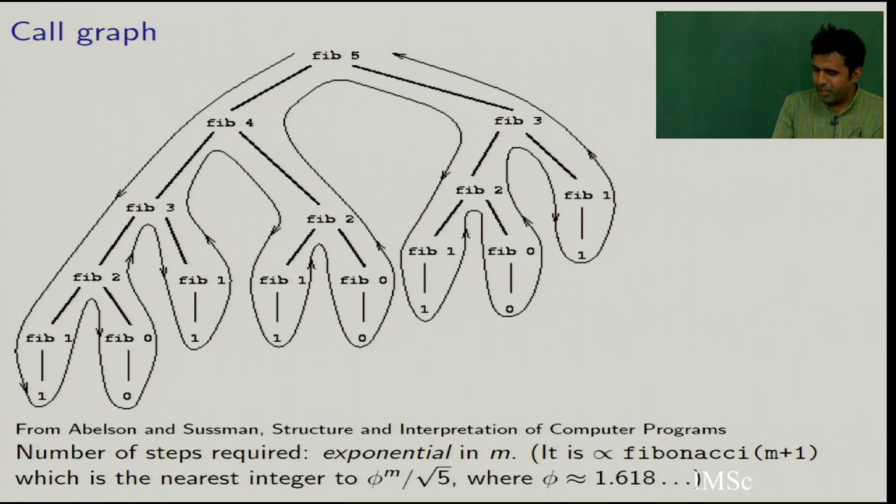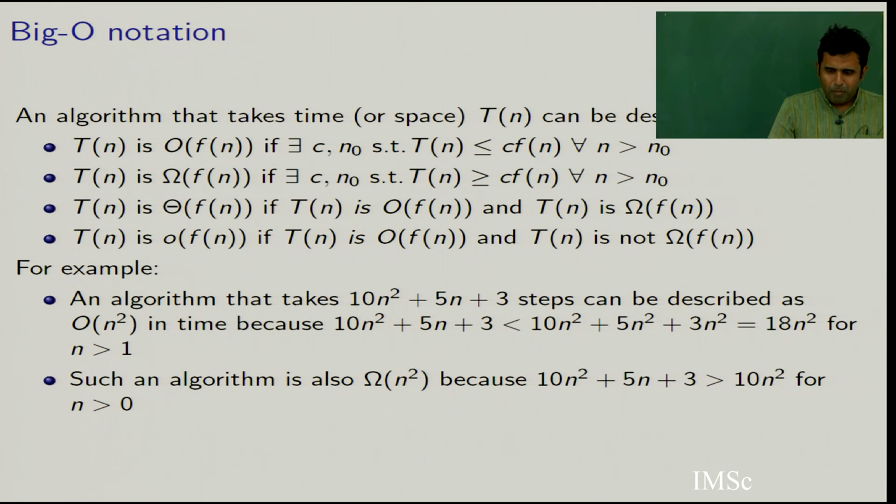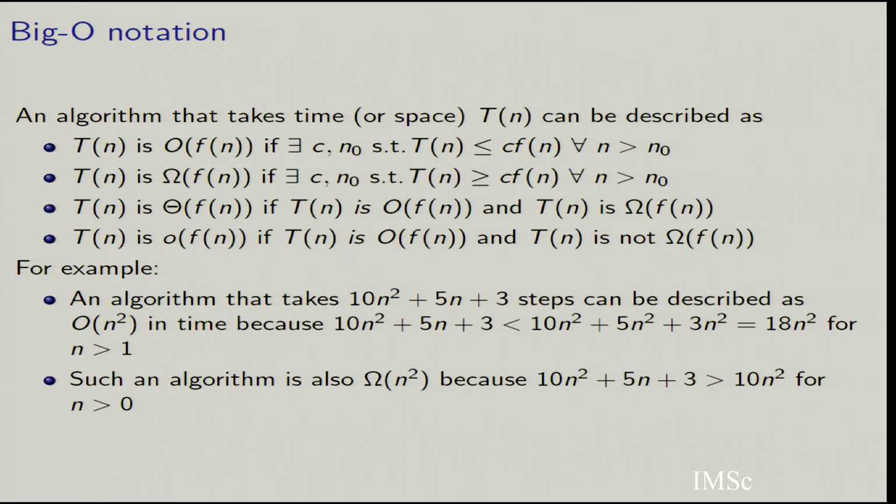So I am going to talk about something called big O notation, which you will come across anytime you read a computer science textbook. This summarizes how much time an algorithm takes. Supposing you have calculated that the algorithm actually takes a time t as a function of n, but you don't really care about the details of t in most cases.